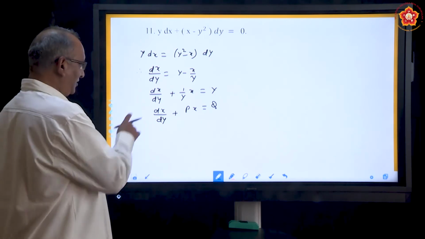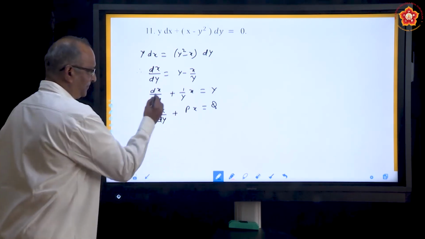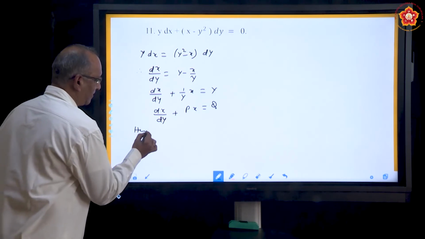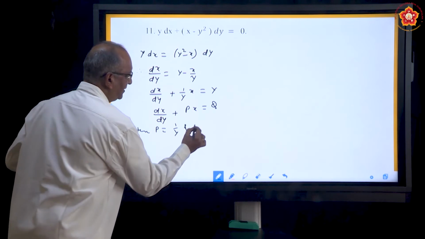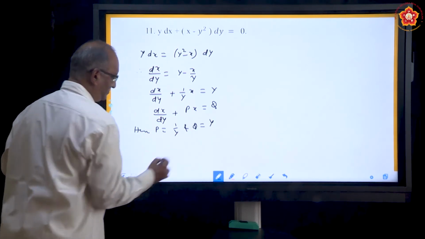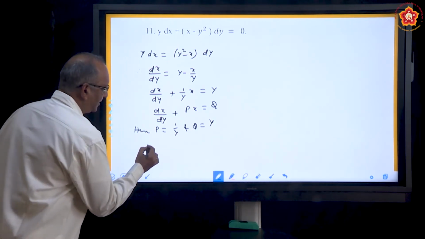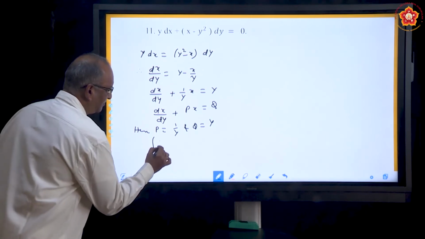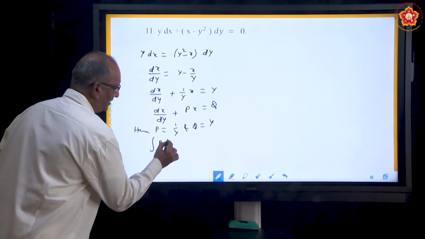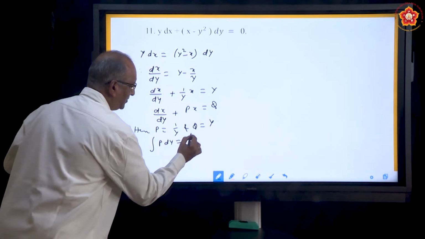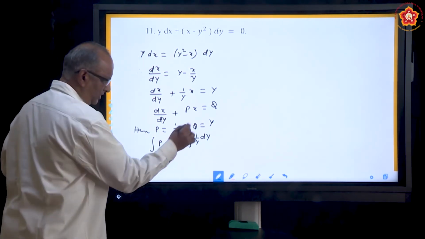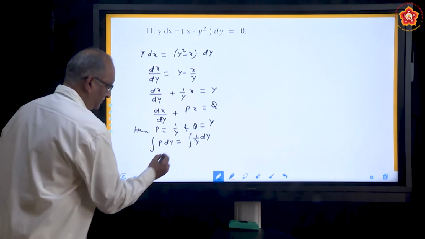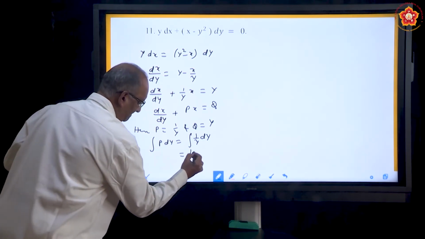So, how do you solve it? We will compare and say here p is equal to 1 by y and q is equal to y. Find out the integral of p dy. So, integral of 1 by y dy, which is nothing but log y.